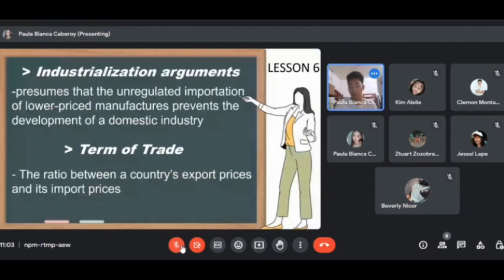So example na dito ang refrigerator na mabibili sa isang country kapalit ng isa pa. Import substitution.